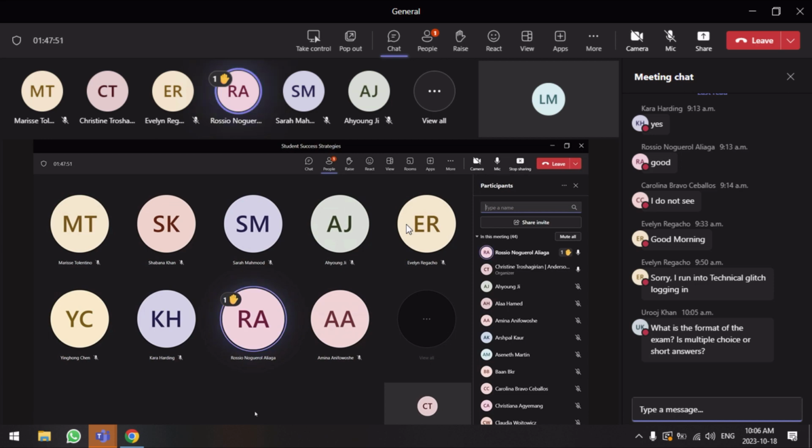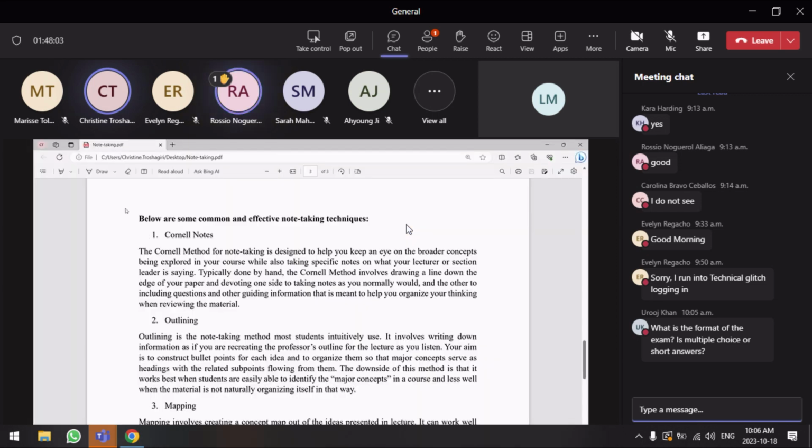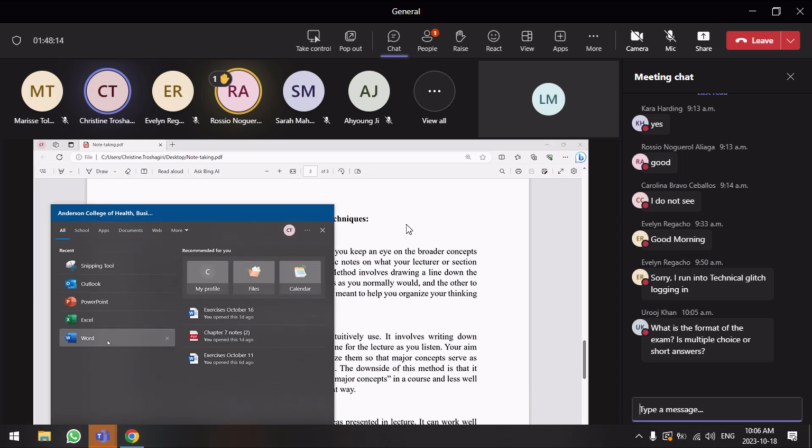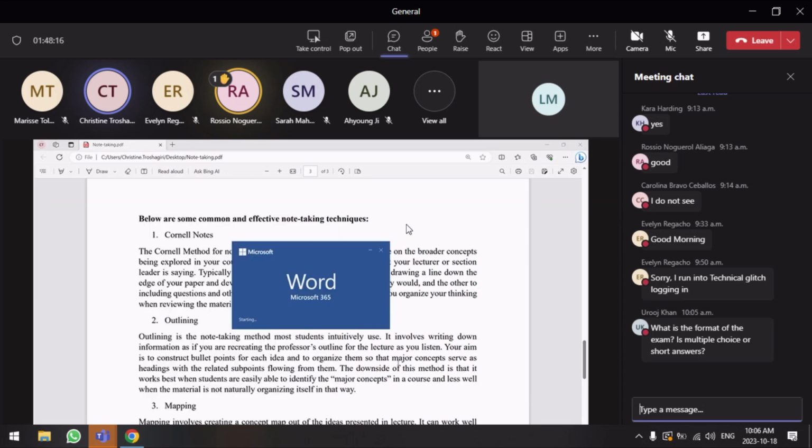So whenever we are saying outlining, it means that you are putting your ideas in bullet form. So let's say you are going through this material, like the common and effective note-taking techniques. If you are using outlining, you are going to simply put bullets in there, such as, for instance, let me open a Word document.